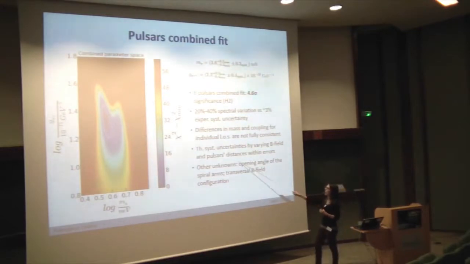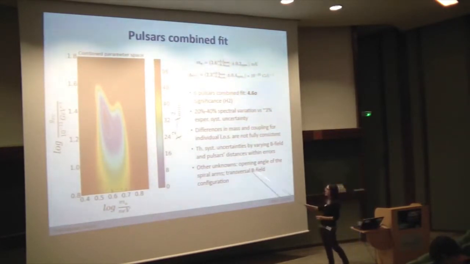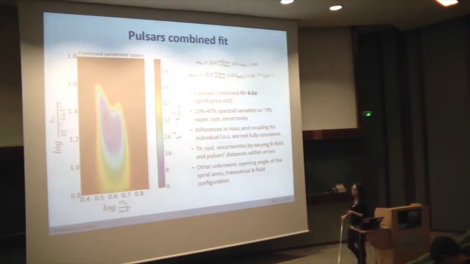For example, there are many unknowns, such as the opening angle between the spiral arms, or the transversal component of the B field itself. Just to remind you, what we really probe with Faraday rotation, which is the way in which we measure magnetic fields, is not the transversal component but the longitudinal component of the magnetic field. And so we will need a better determination of the galactic magnetic field before claiming that those spectral features are due to effects like ALPs presence.